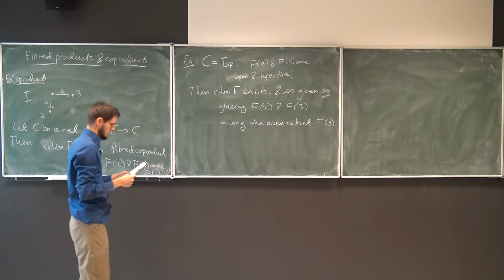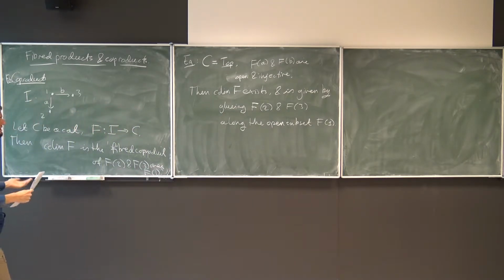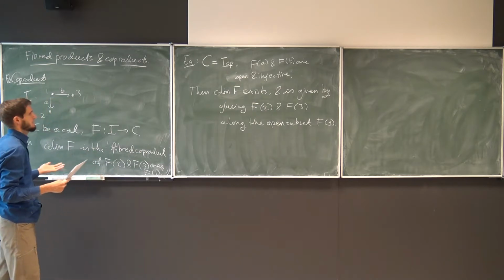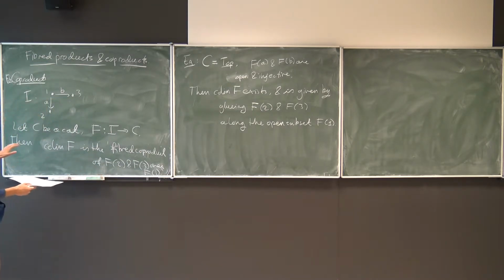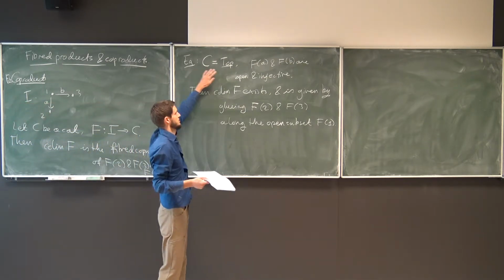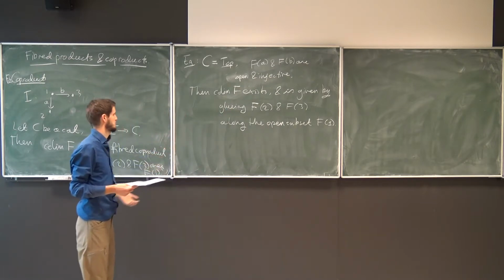So I'm reluctant to try to write out the proof of this on the board because it is kind of a mess. What I recommend is that you first do a slightly simpler case. You do the case where C is just the category of sets, and F of A and F of B are both injective, and then work out what happens there.